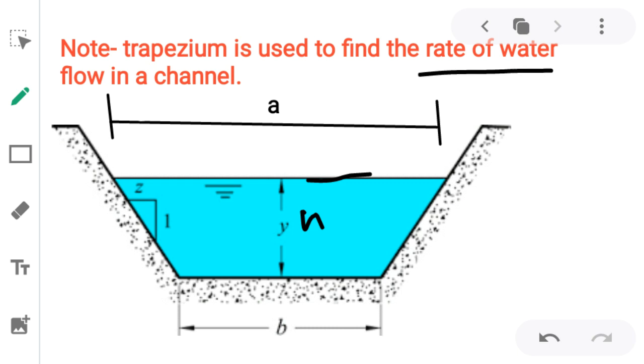So trapezium is mainly used to calculate the rate of water flow in the channel. In this way we can calculate the area and find the other dimensions asked in the questions by using the suitable formula for suitable geometrical diagrams.